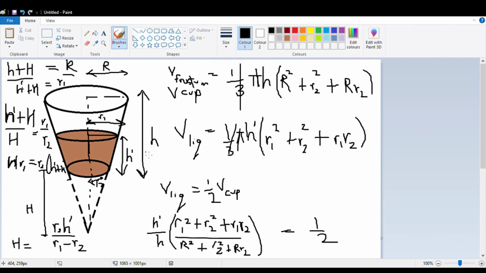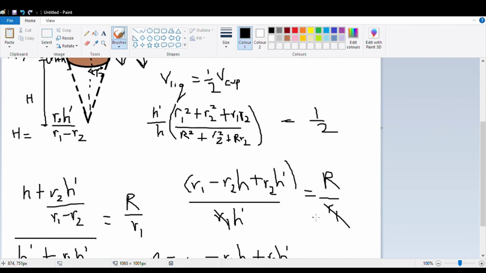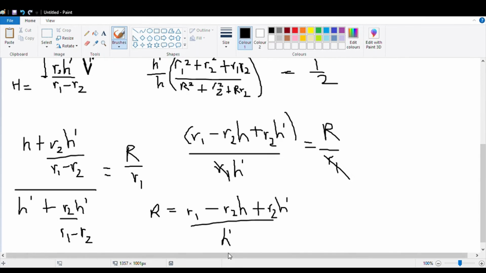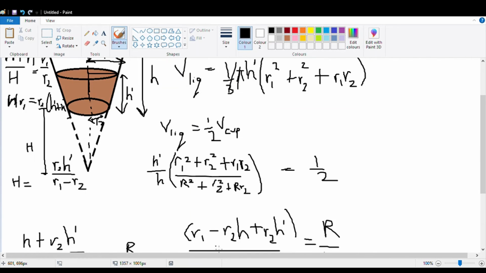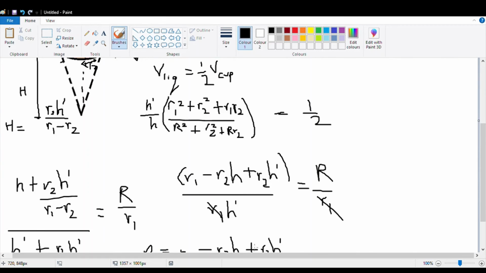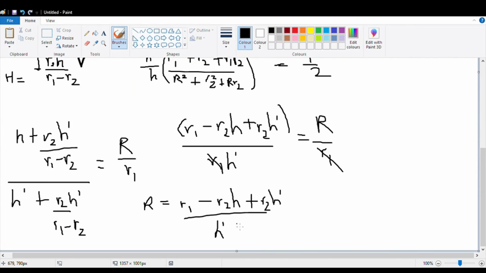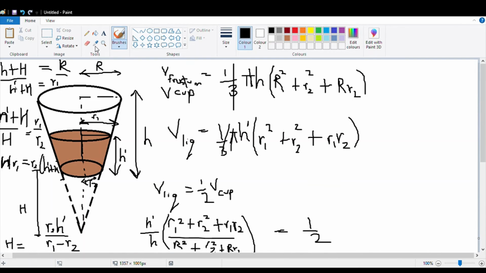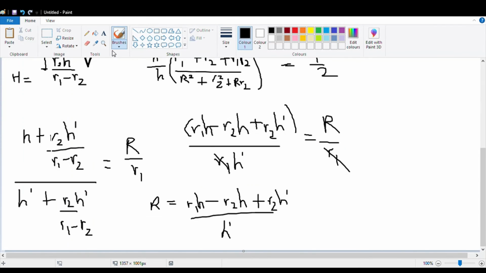And of course, let's not forget that h is the height of the cup and h dash is the height of the tea. Now that we have this relation, we can just plug it into Wolfram Alpha, because this is a pain to solve. I forgot to add an h here.